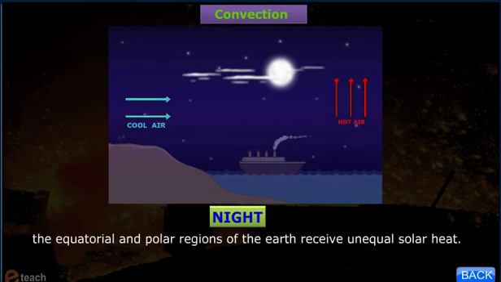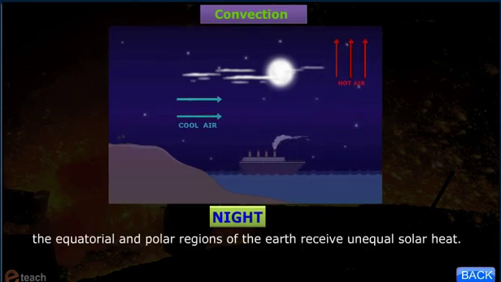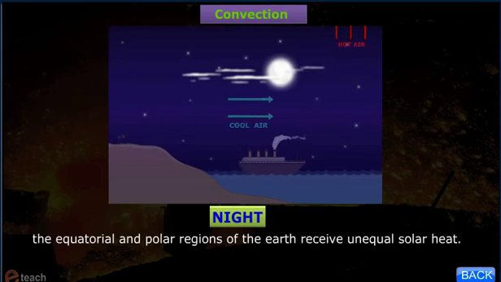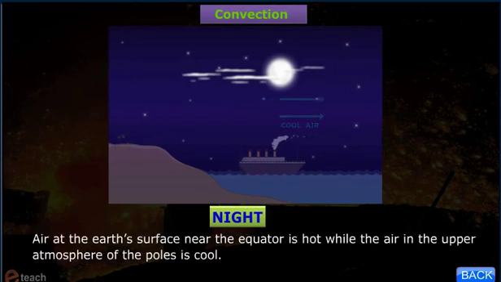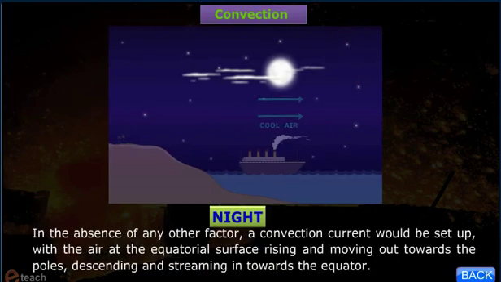The equatorial and polar regions of the earth receive unequal solar heat. Air at the earth's surface near the equator is hot, while the air in the upper atmosphere at the poles is cool. In the absence of any other factor, a convection current would be set up, with the air at the equatorial surface rising and moving out towards the poles, descending and streaming in towards the equator.